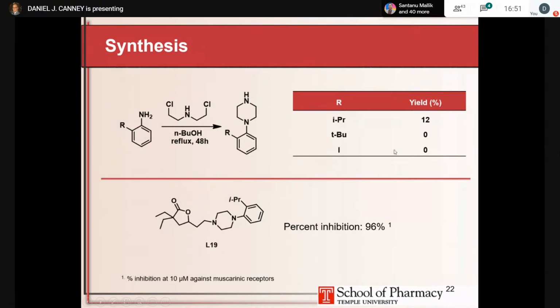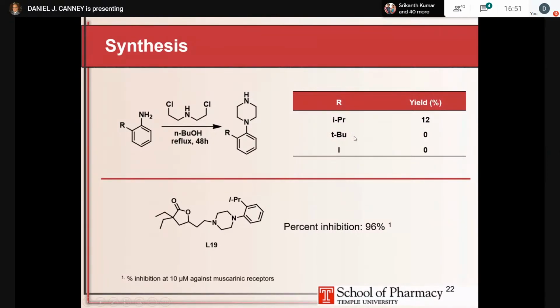But Rong set out to make this compound in larger amounts, and he ran into problems using one of the most commonly used approaches to the synthesis. You can see that the isopropyl, you can make the compound at about 12% yield.